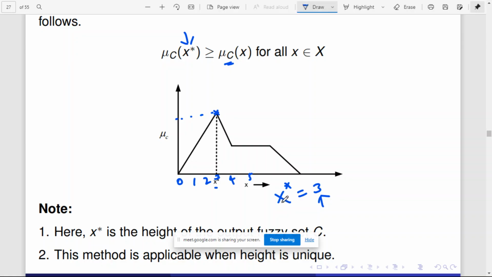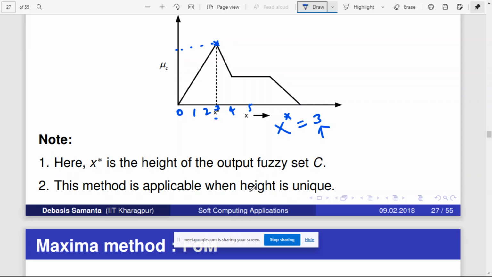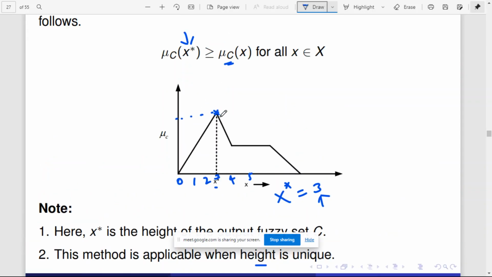But this method is applicable only when the height is unique, in the sense that you should have only one peak value. Suppose the graph is something like this, then you cannot apply this method, because more than one x value will have the highest point.